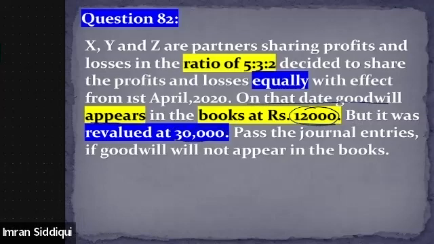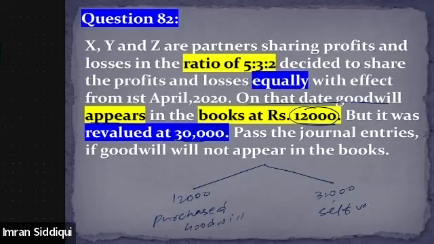So basically, in this question, we have two goodwills. 12,000 is the value of the goodwill that appears in the book, so this is the purchased goodwill. Whereas the goodwill which was revalued, this is the self-valued goodwill.